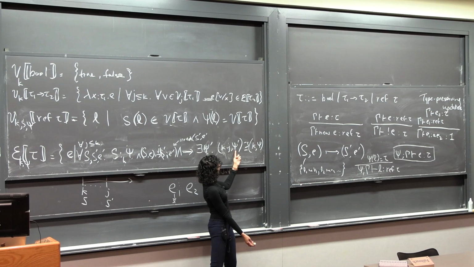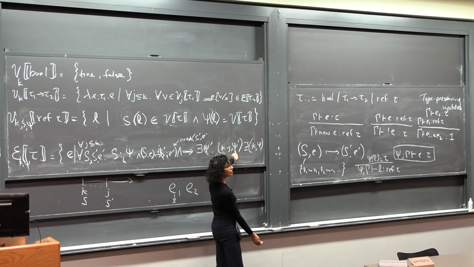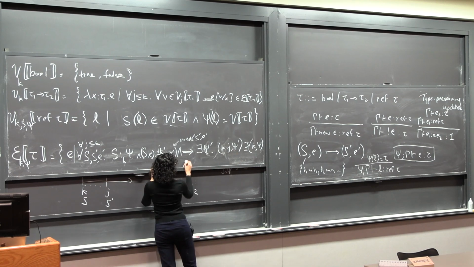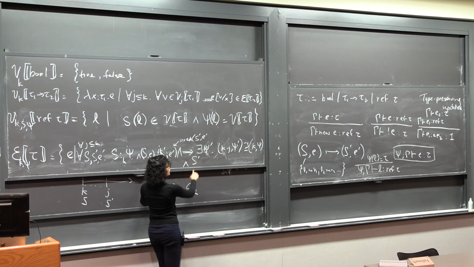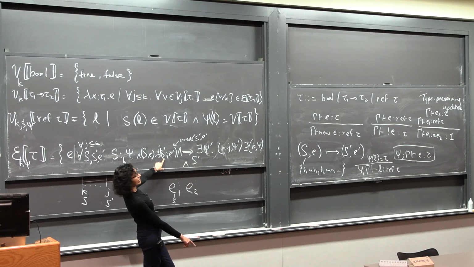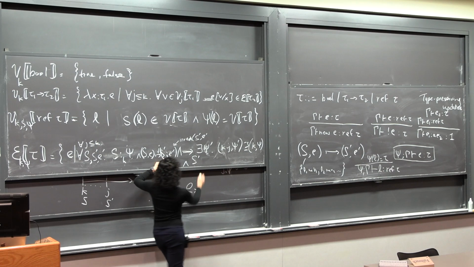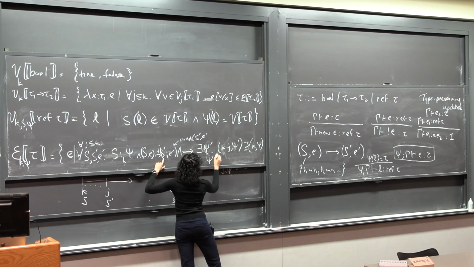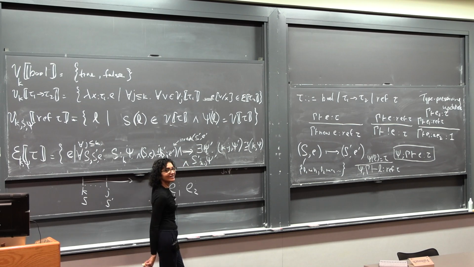So you better be able to construct a future psi prime, and it better be the case that the store that you ended up with, this future S prime that you evaluated to, satisfies your future psi prime for the remaining number of steps k minus j. Okay? So I got somewhere. That thing better satisfy a store typing that is good with respect to the original one.